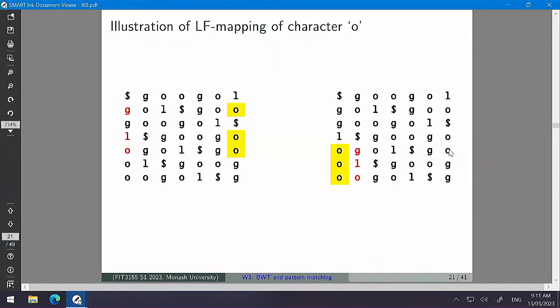How many times did I see an O before that? 2, right? So rank plus 2. That's that O. So all you have to do is compute the rank of a letter and the number of times I've seen that letter from the beginning of the Burrows-Wheeler to that position. Okay, we will see what that means as an example.